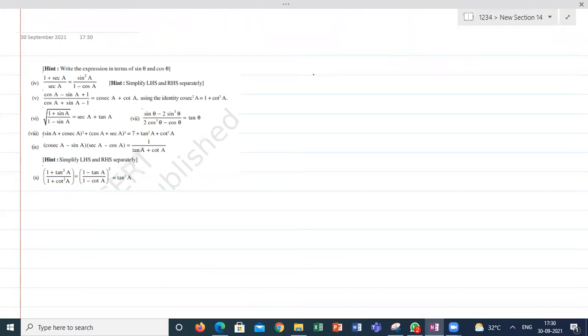(1 plus tan square A) by (1 plus cot square A) is equal to ((1 minus tan A) by (1 minus cot A)) whole square, which will be equal to tan square A. So there are three expressions here. I am taking each expression, I have to show equal to tan square A. 10th question. I am taking first expression, (1 plus tan square A) divided by (1 plus cot square A).